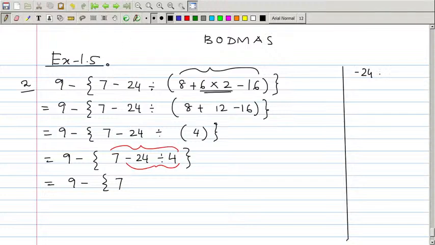Minus 24 divided by 4. So minus 6, isn't it? So this is minus 6. We always carry the sign that is in front of it. So 9 minus 7 minus 6, 7 minus 6 will be 1. So answer is 8.